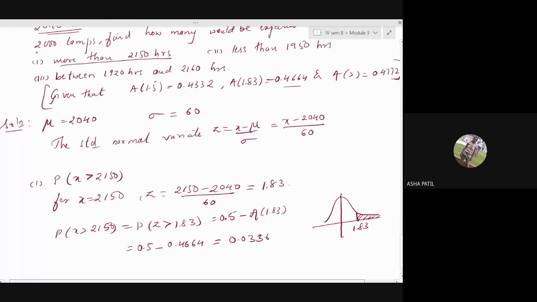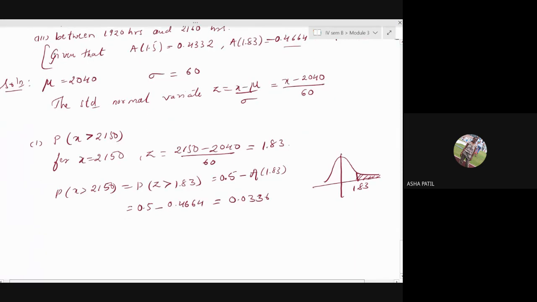Now the consignment has 2000 lamps in it. So we have to multiply whatever the answer is by 2000.